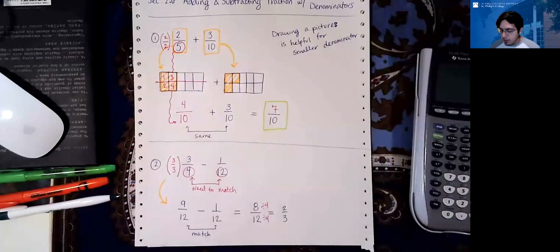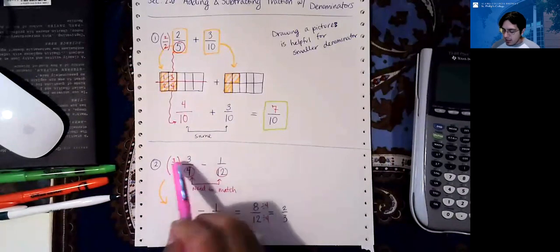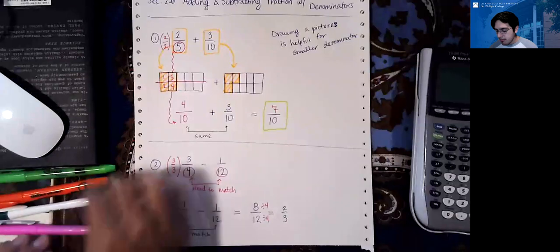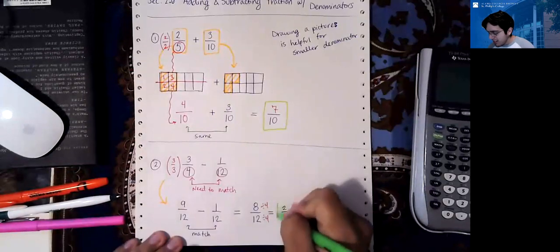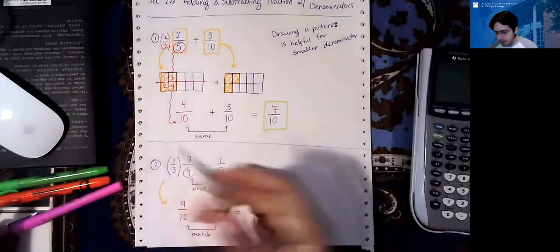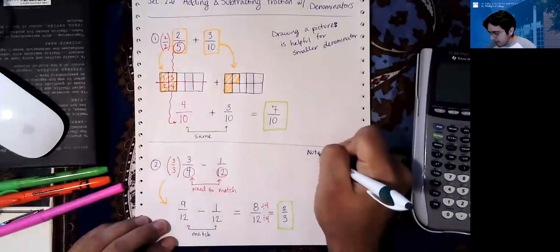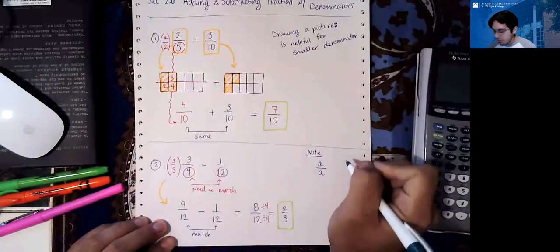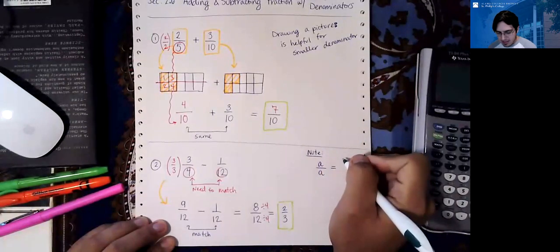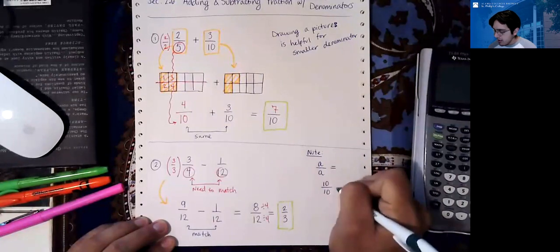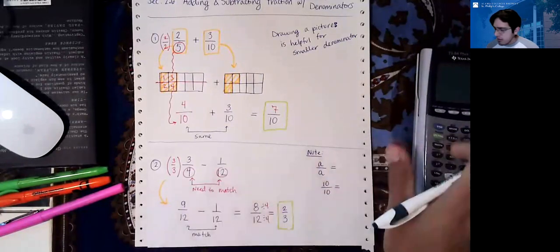Okay. Now you might be wondering, why is it that I can multiply this number by 3/3 and it not affect the problem? Has anybody ever wondered that? So I'm going to make a note over here. Can somebody tell me if I have a number divided by itself, what should the result be? Think of any example number, like 10 divided by 10. 10 divided by 10 is 0.